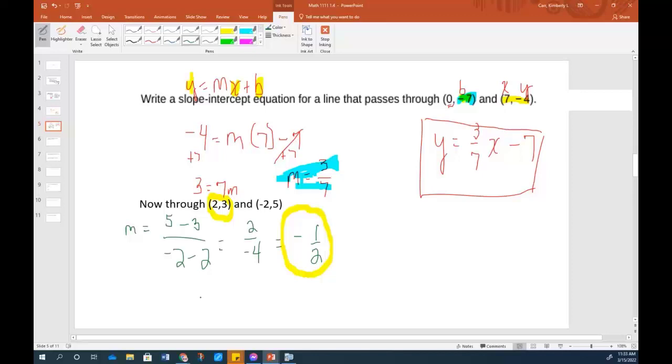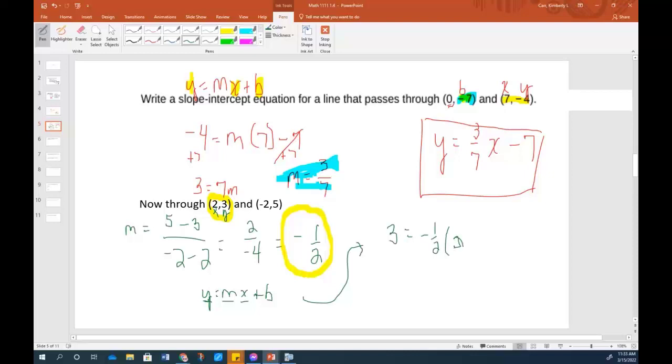So then I go into my y equals mx plus b, but I am going to fill in the things I know now, because with that point up there, I have an x and a y, and I have the m. So I have the y, the m, and the x, and then that's going to let me solve for b. So I have 3 equals, so that's y equals m, that's -1/2, times the x value.